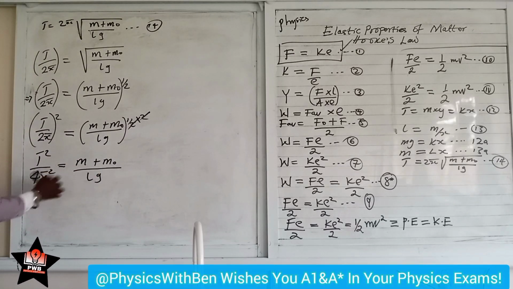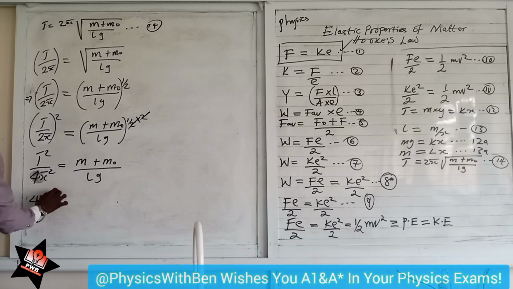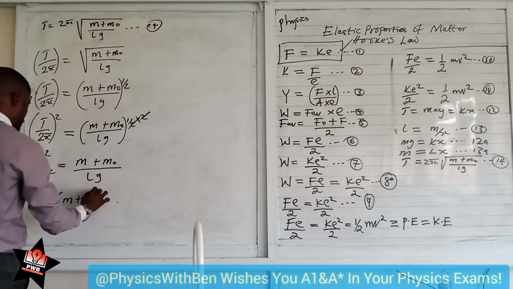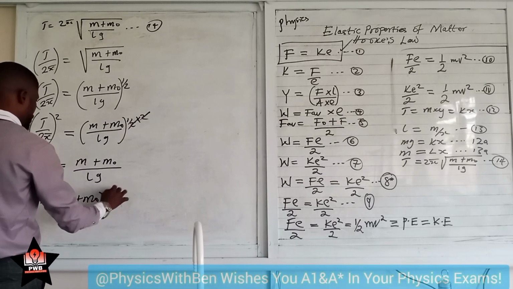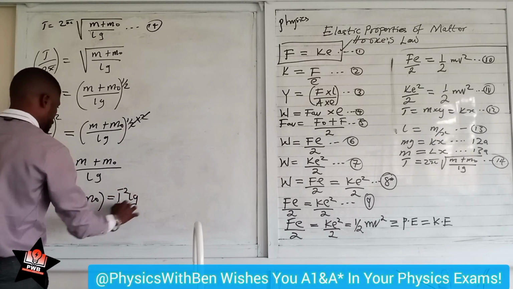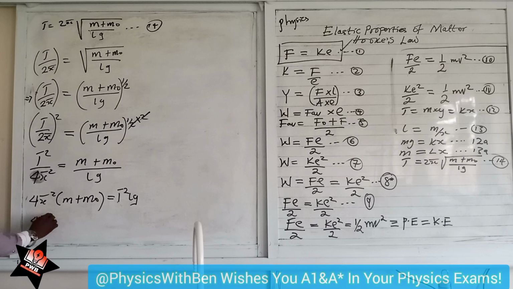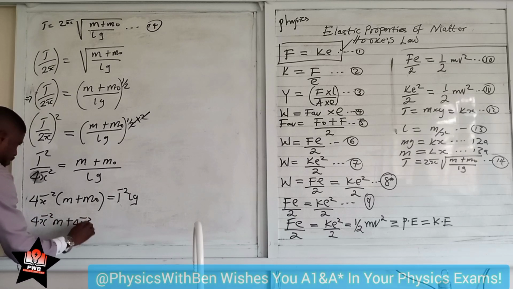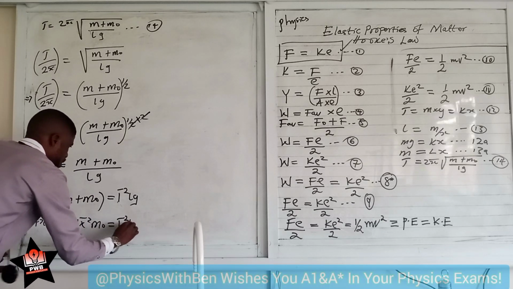So we cross multiply, so we have 4π squared times (m plus m naught) is equal to T squared lg. We clear the brackets. We have 4π squared m plus 4π squared m naught is equal to T squared lg.